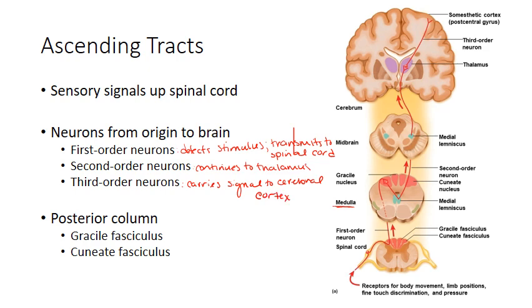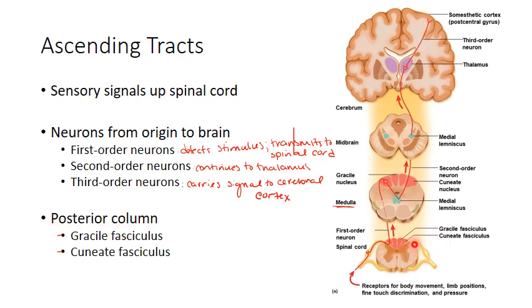So here are going to be 2 ascending tracts that we have already talked about. We talked about them when we were looking at the brain. And so we're going to trace them on here. And this is actually what our image is showing us. It's going to be these 2 columns, right?